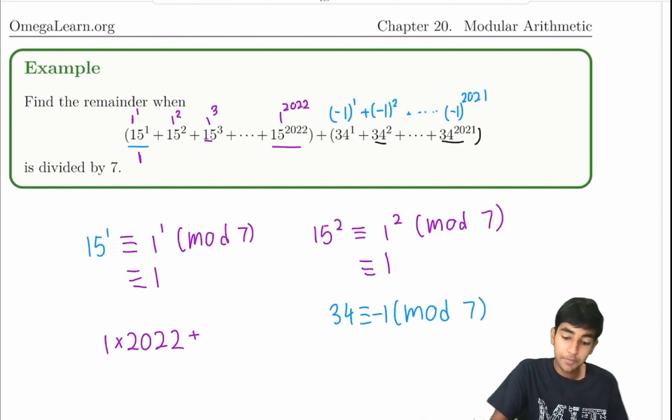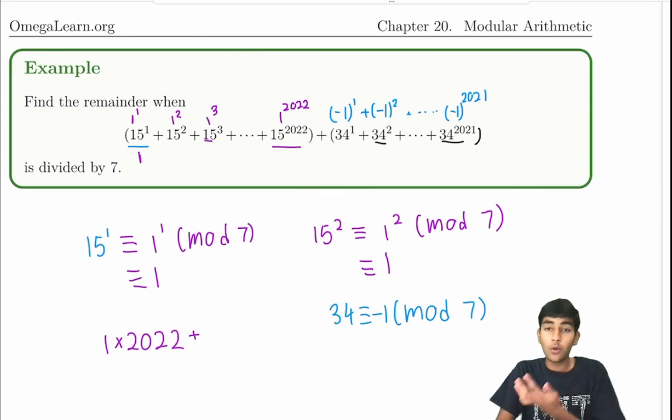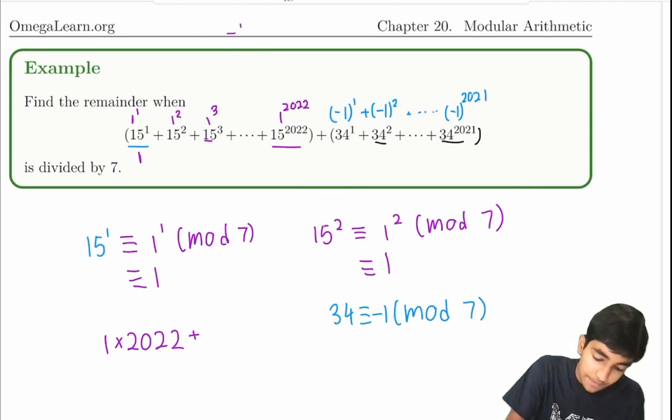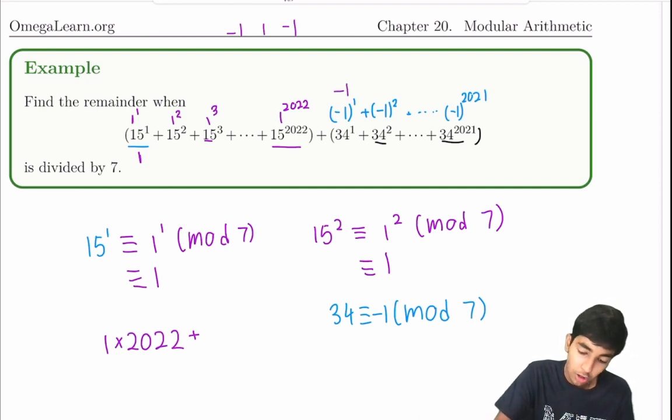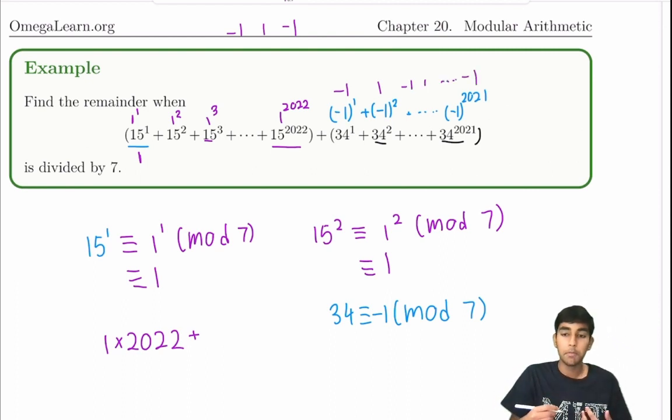And notice that negative 1 alternates, right? Negative 1, 1, negative 1, 1. Negative 1 is negative 1, then negative 1 squared is 1, then negative 1 cubed is negative 1. So this will just alternate: negative 1, 1, negative 1, 1, all the way until the last term, which will be negative 1 because the exponent is odd.